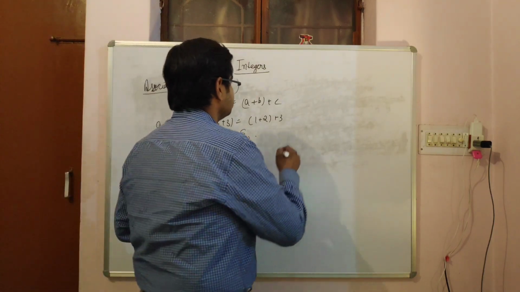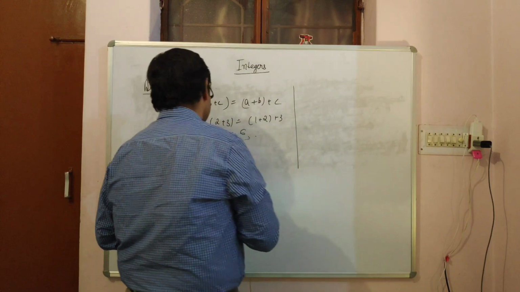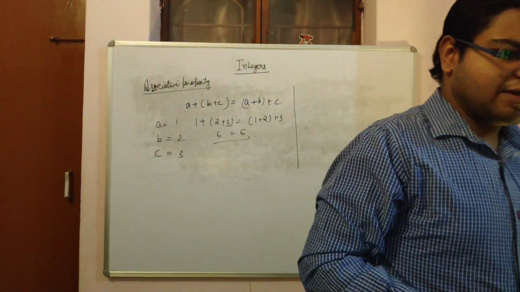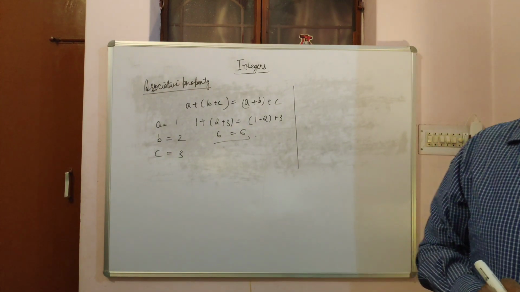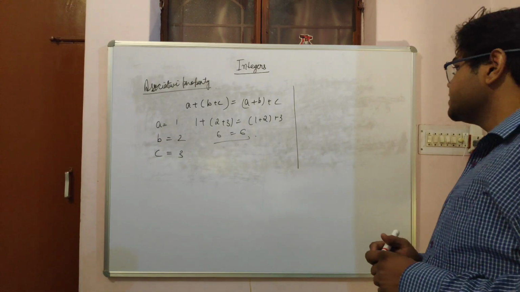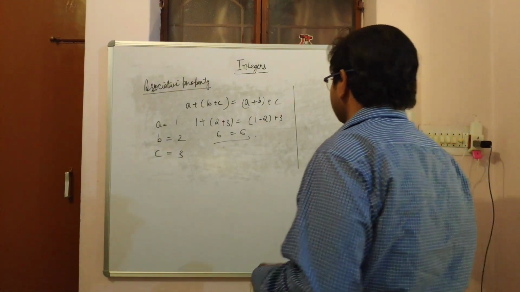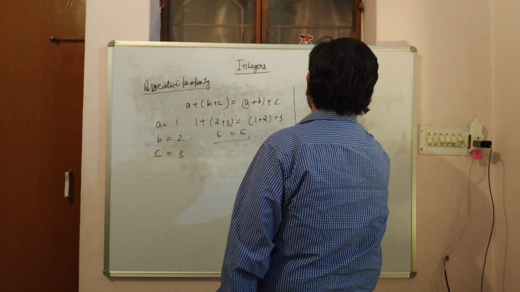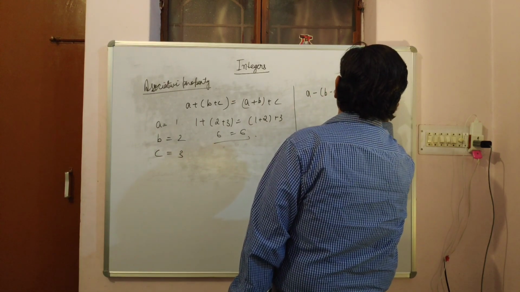But if we are going to talk about associative property for subtraction, how will it work? Suppose we have the numbers a, b, c, and we need to find the result for subtraction for the associative property. Suppose we have a minus b minus c equals a minus b minus c.